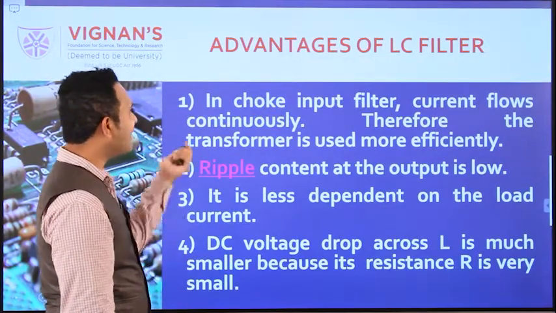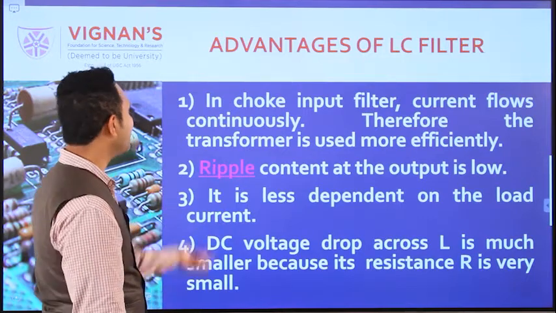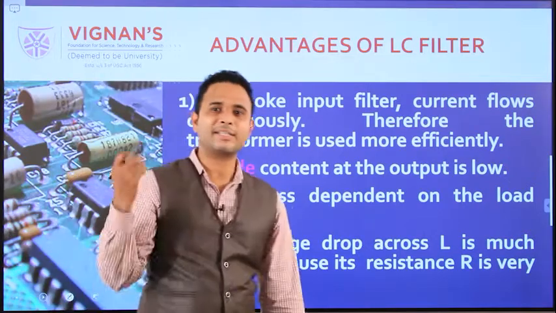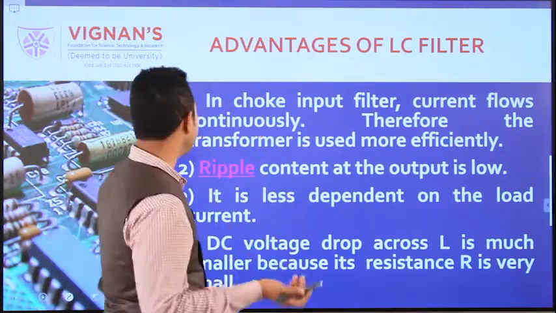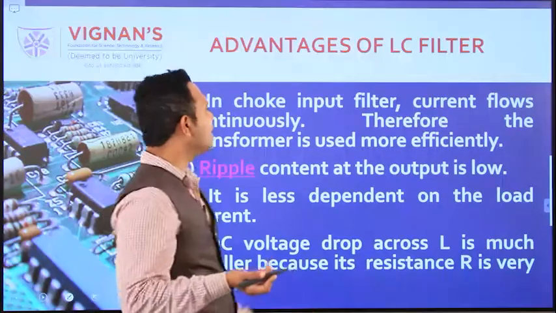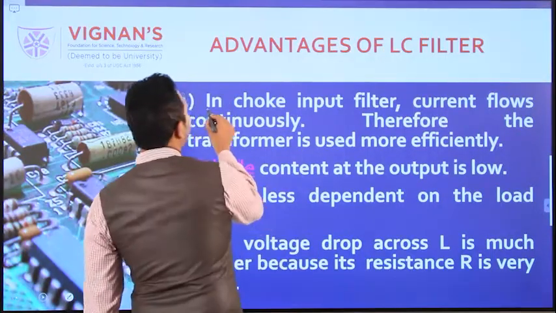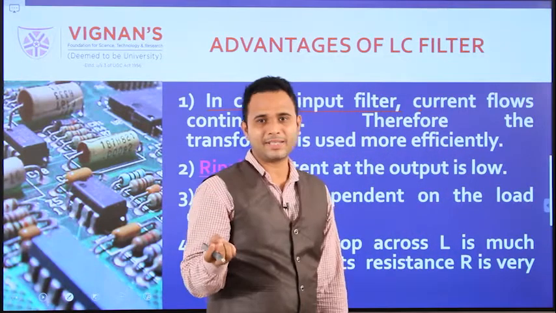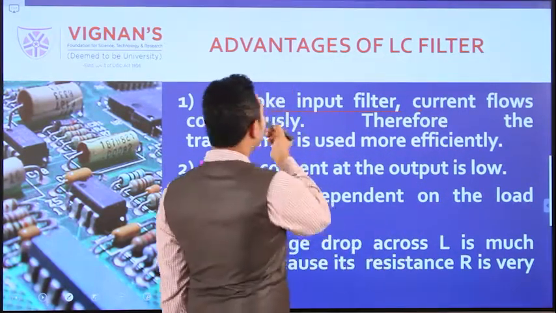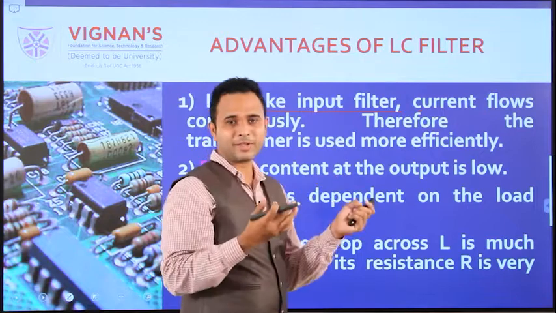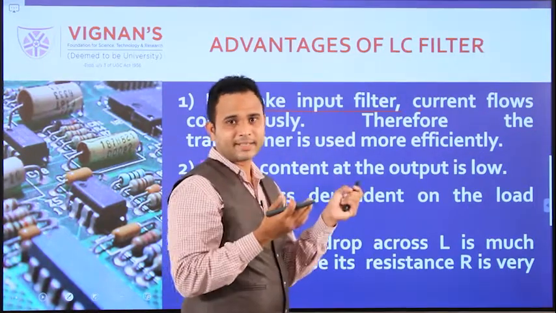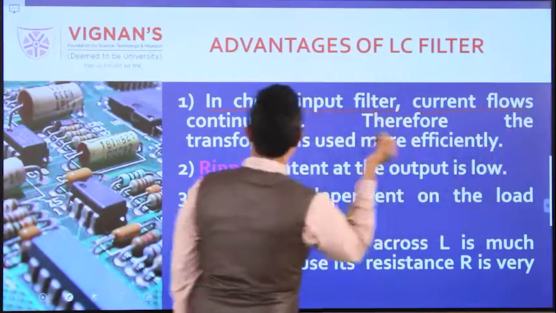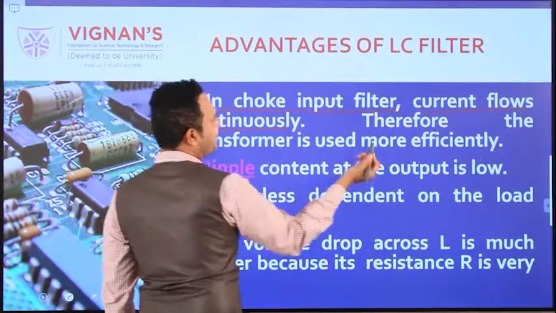Advantages of the L section filter, that is the LC filter. L stands for inductor, C stands for capacitor. What is the main advantage? I already told you, in the choke input filter, choke is also another name for the inductor, so here the input is connected to the inductor. In the choke input filter, current flows continuously.